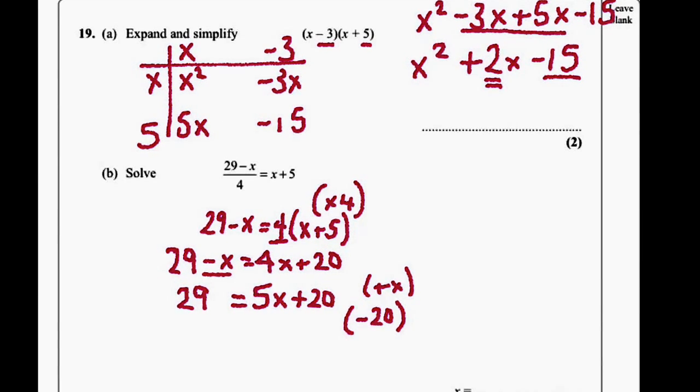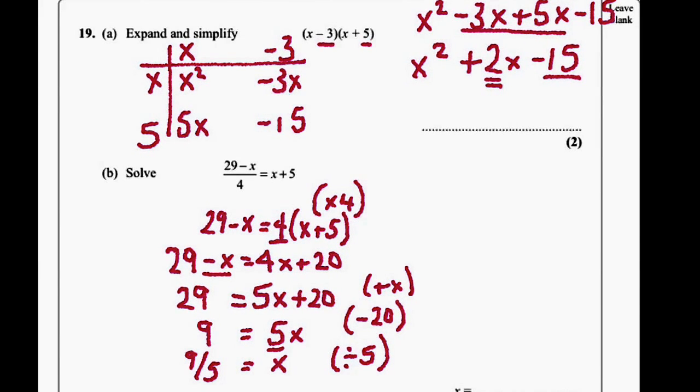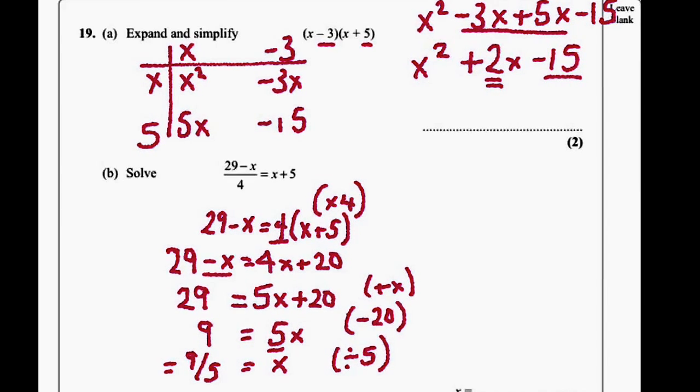When I do it to the right-hand side, it just leaves me with 5x, but I've also got to do it to the left-hand side. That leaves me now with 9. And to undo the fact that x has been multiplied by 5, I'm going to divide by 5. So x is equal to 9 divided by 5. And if I do that on my calculator, I get 1.8.